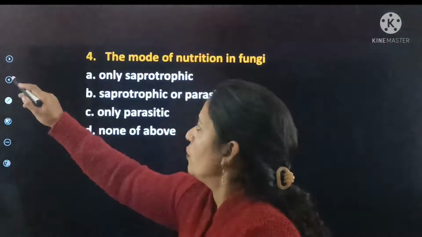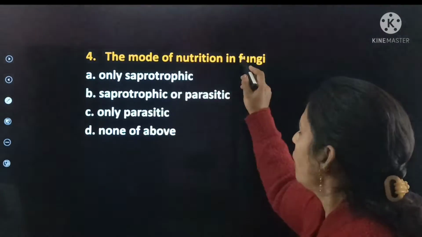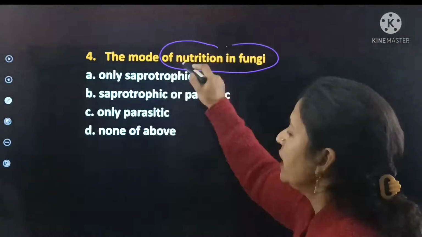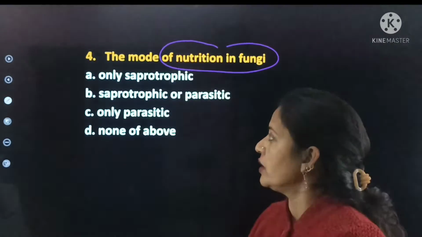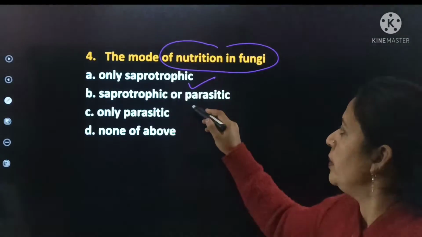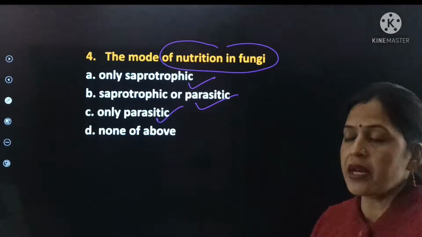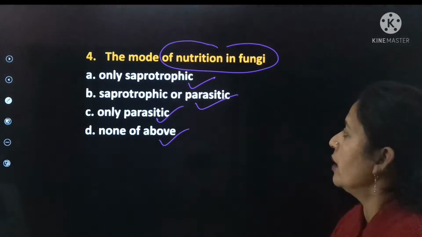Next is question number 4: the mode of nutrition in fungi is. Option A only saprotrophic, B saprotrophic or parasitic, C only parasitic, and D none of the above.